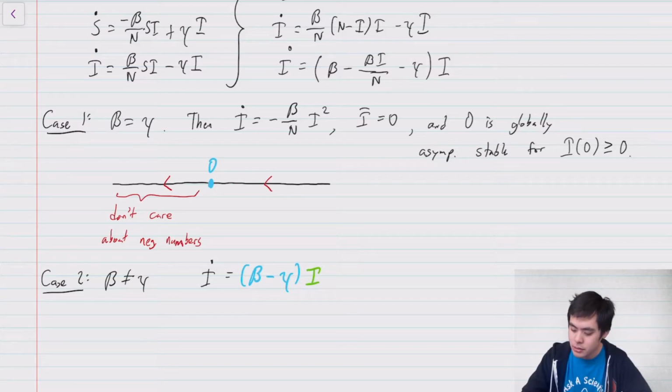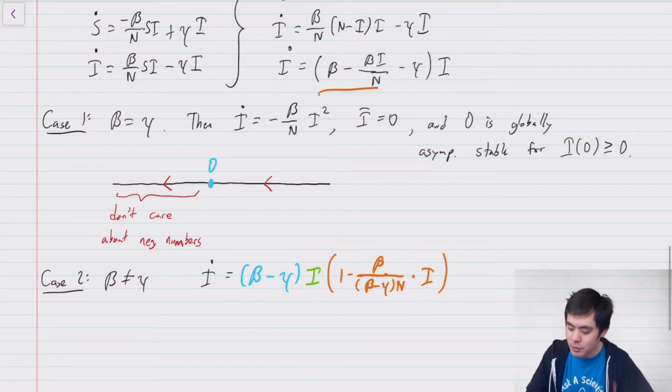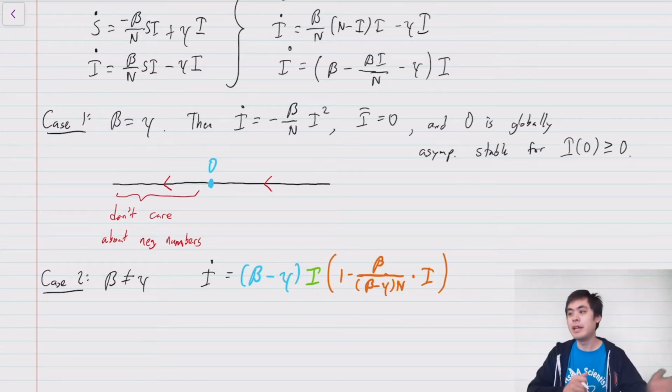And let's use orange for the last part, which is 1 minus beta over beta minus gamma times n, times I. Okay, so what we did there is we took the stuff in the parentheses up here and divided out by beta minus gamma. So you're going to get 1 minus beta I over n times beta minus gamma, and we move that out in front.